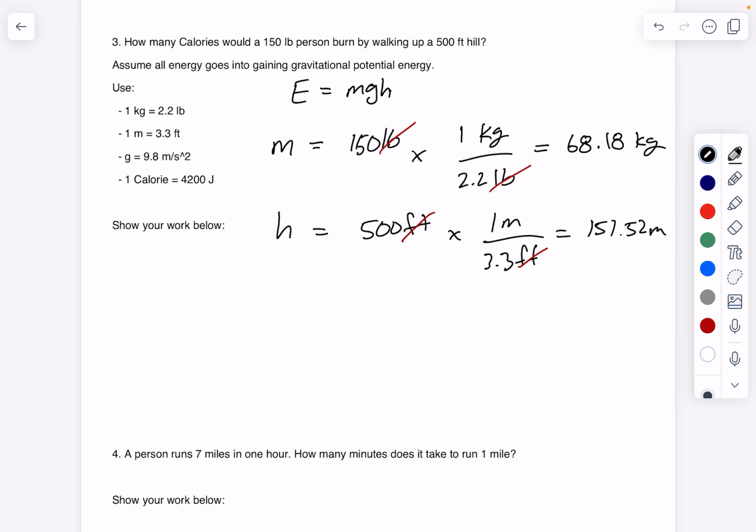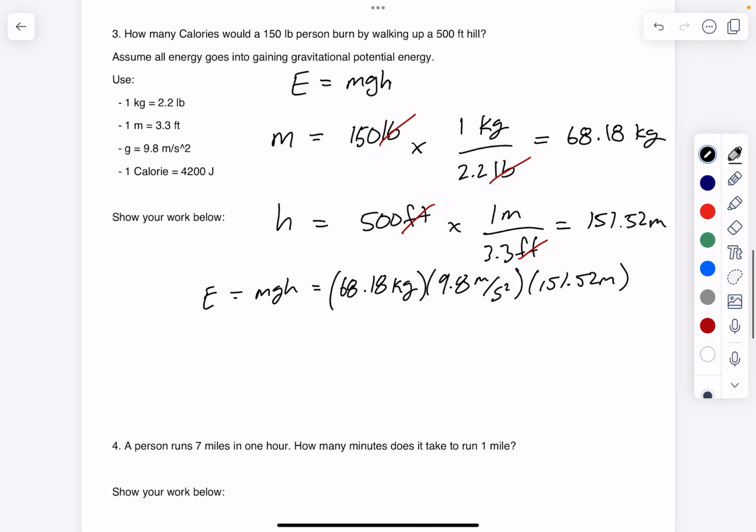And then we can calculate our energy, which is mgh, which is 68.18 kilograms times 9.8 meters per second squared times 151.52 meters.